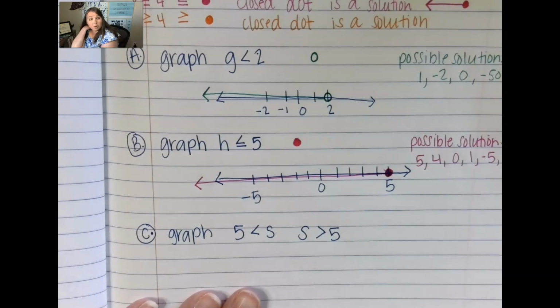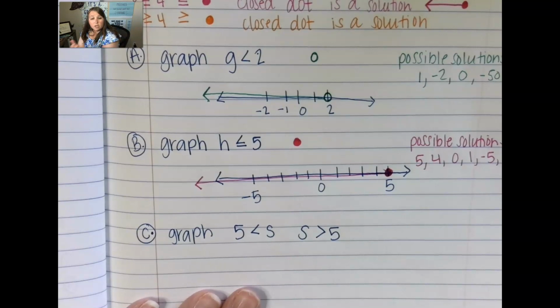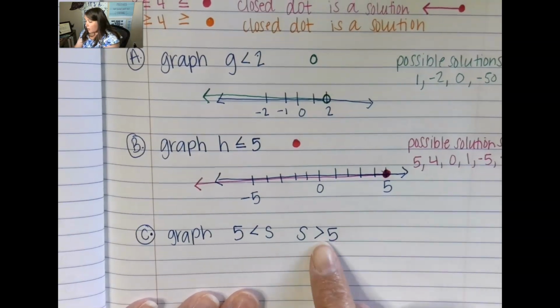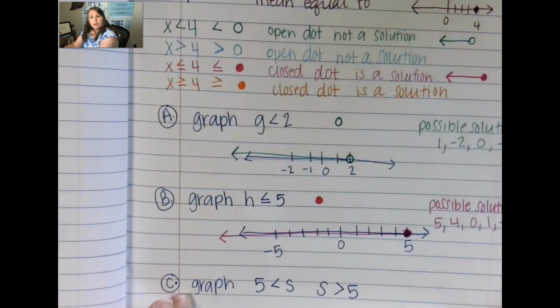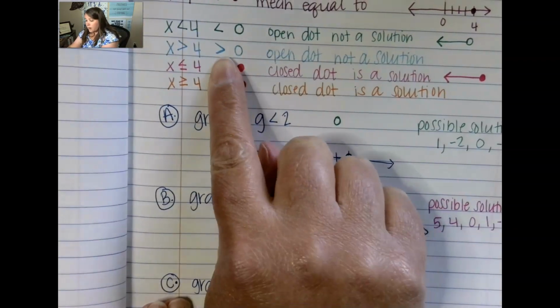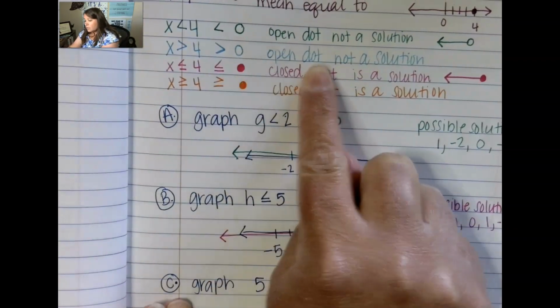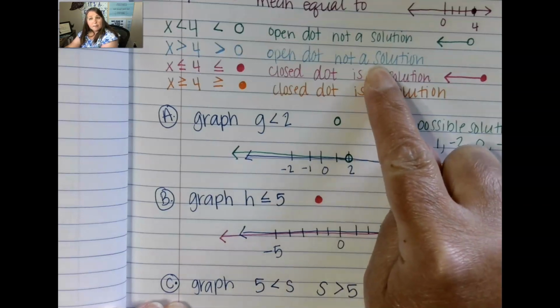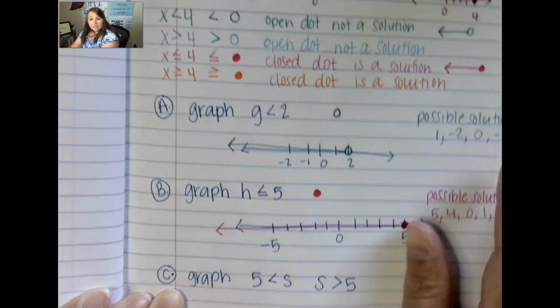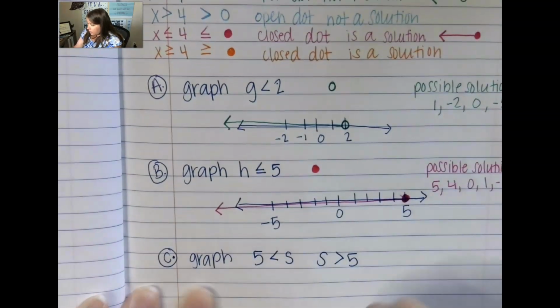And that's really important, especially when we start to solve, that you remember that. So S is greater than. So we're going to come up here and we're going to look for the greater than symbol right here. It's an open dot. 5 cannot be a solution. But everything bigger than 5 is a solution. So let's go ahead and graph this.